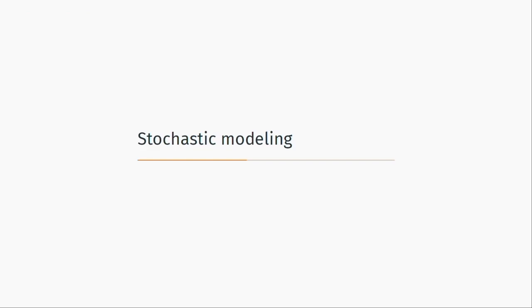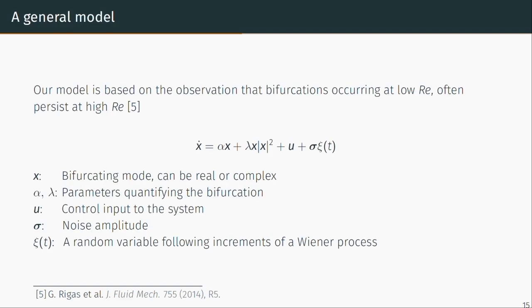So given our understanding of these features of the wake and our interaction with them, we can try and develop some sort of low-order models, which we will then use for feedback control.